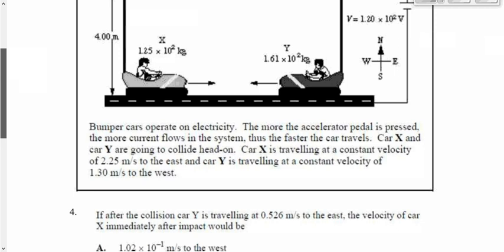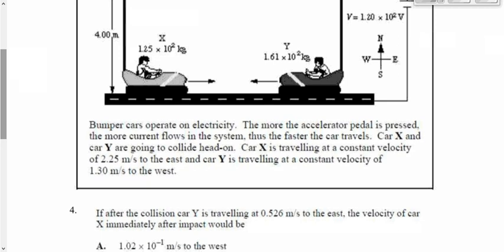Anyways, it says the more the accelerator is pressed, the more current flows in the system, the faster the car travels. I'm not sure if that's completely true. X and Y are going to collide head-on. X is traveling at 2.25 meters per second to the east. Y is traveling at 1.30 meters per second to the west. So let's make it east and west, positive and negative.